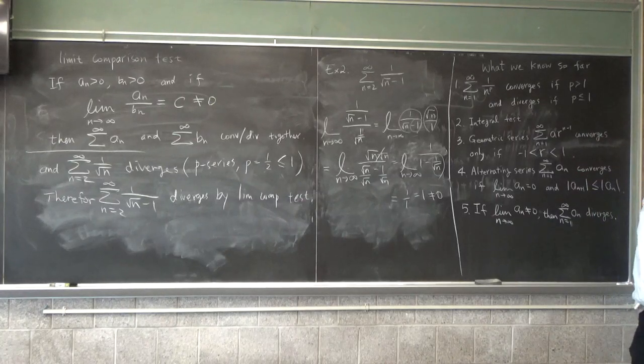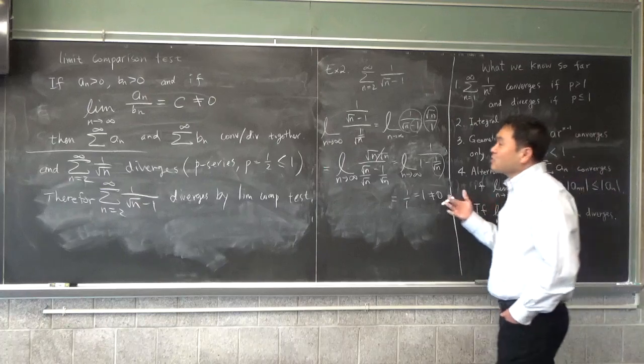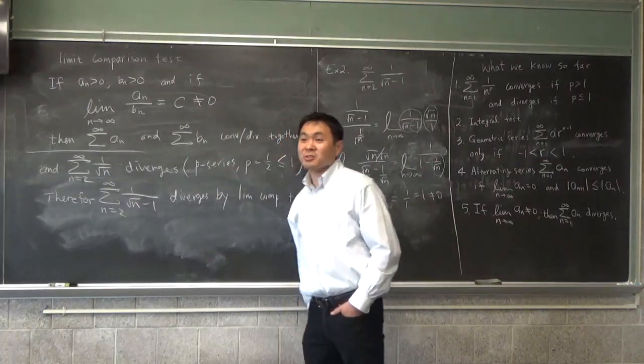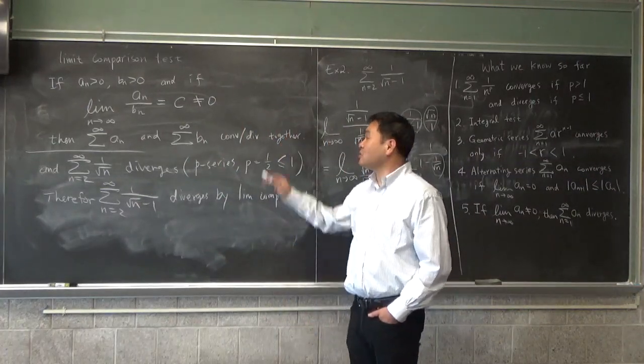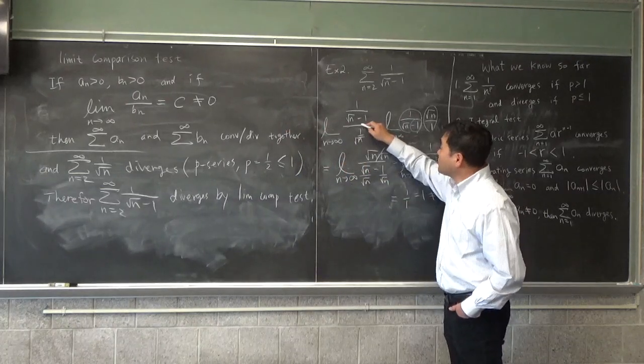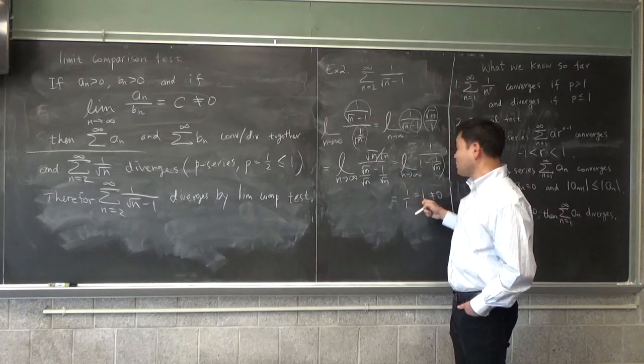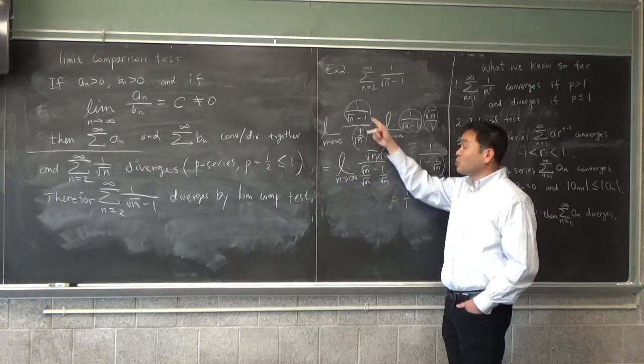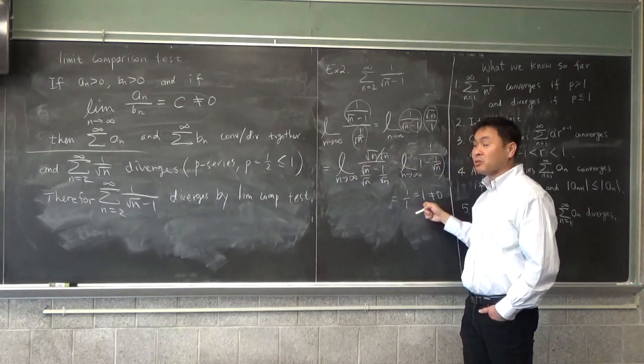But using this example, let's understand why such theorems should work. What does it mean? Well, it means if n is really big, then these two are pretty similar. The limit is 1, so the ratio between these two is about 1.